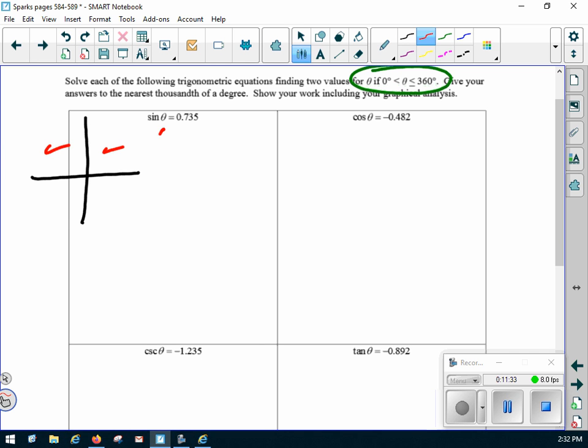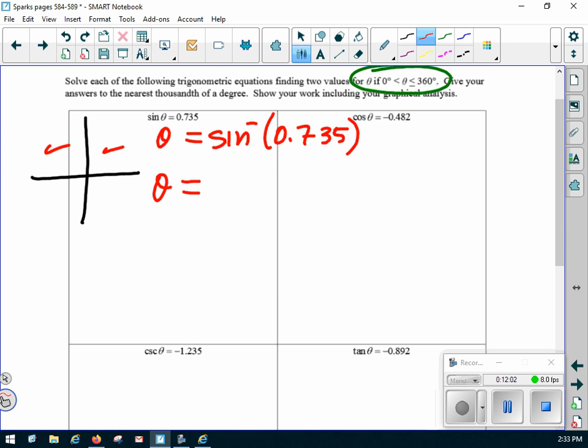Now you say, well, I need it to say theta equals, right? So to get rid of sine, I'm going to do sine inverse. So what I'm going to write down, and I want you to write down this step right here. What mode do you need to be in on your calculator?